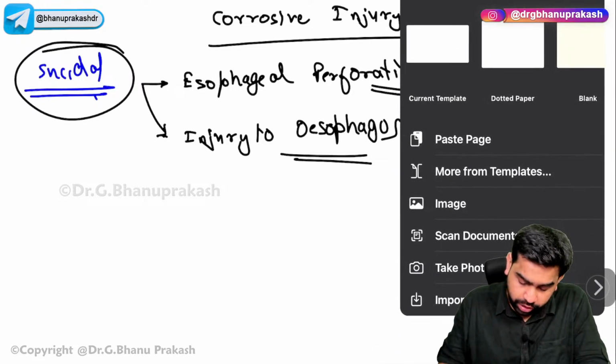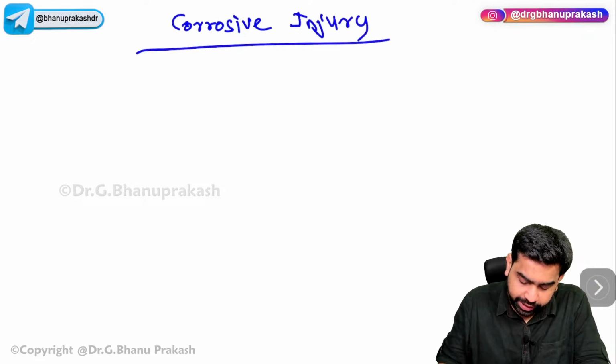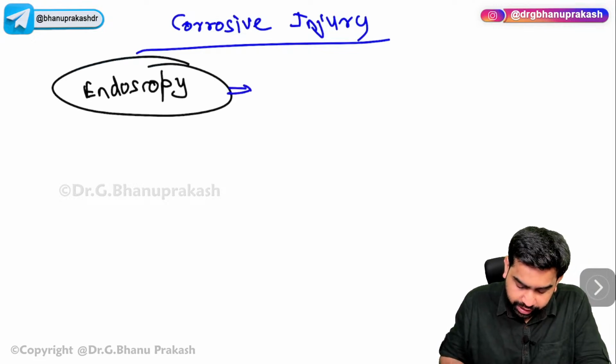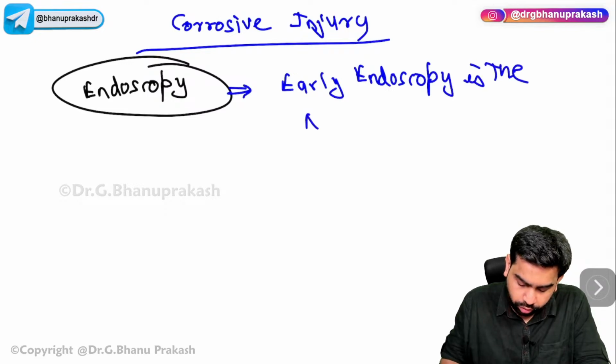Now, whenever a patient comes to you with a corrosive injury, what are your thoughts about endoscopy? Should endoscopy be done or not? Please try to understand: early endoscopy is the norm.